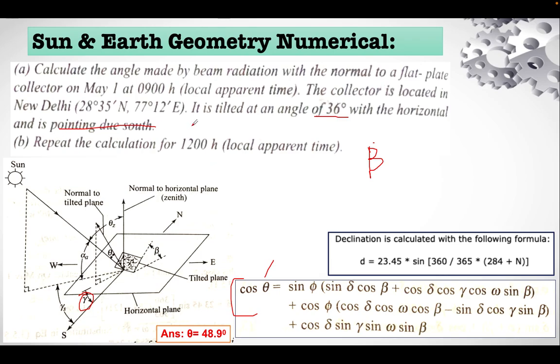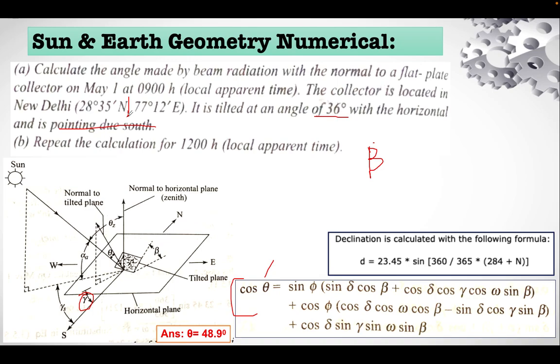Then third, the latitude. Now latitude is given here. The location of the collector, which is installed at New Delhi, is given here. First of all, you must know the latitude value and longitude value, because any particular location is identified using two values: first latitude and second longitude. The angle measured in the north or south direction is known as the latitude.